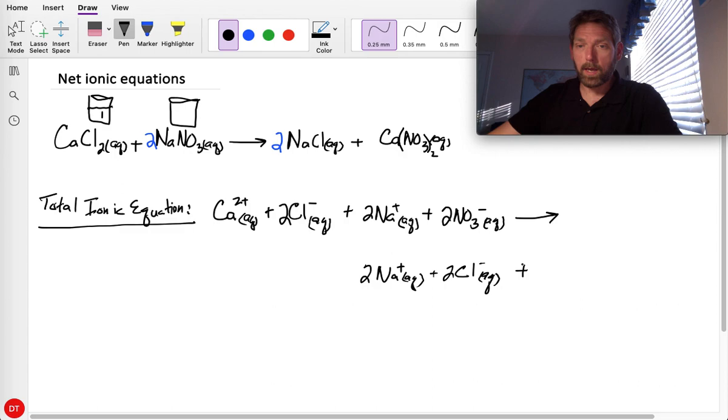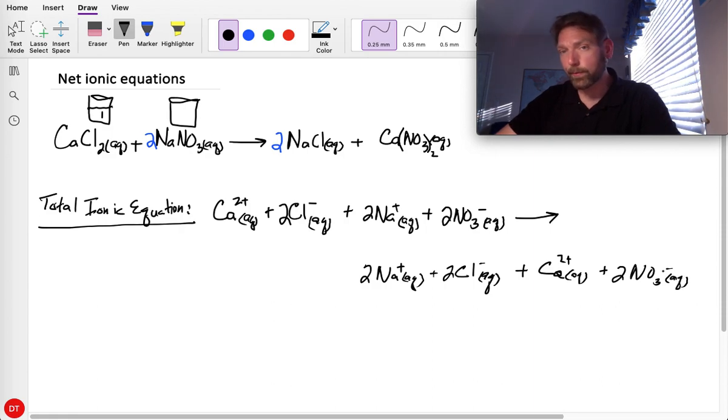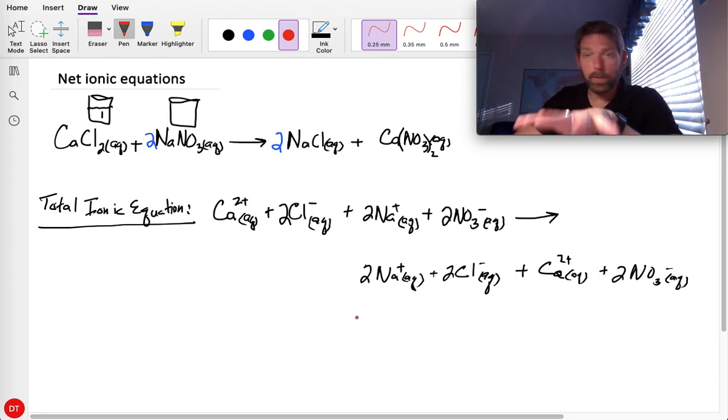This is Ca, and remember calcium is 2 plus and aqueous, plus then we see there's 2 NO3s, right? So that's 2 NO3 minus, and of course those are also aqueous. All right, so now this is what you do. This is the total ionic equation. Done and done.